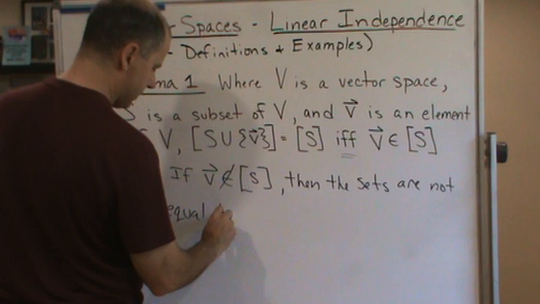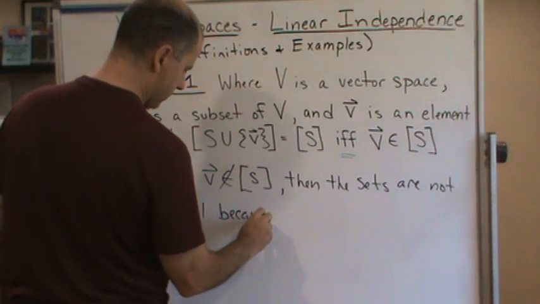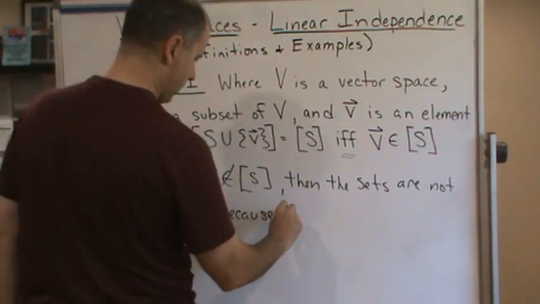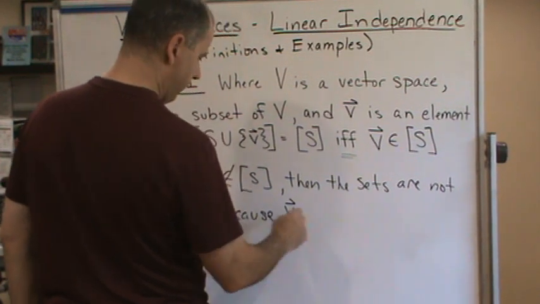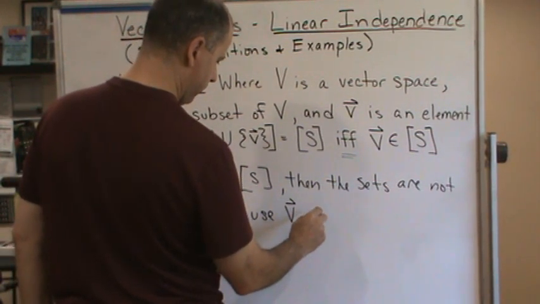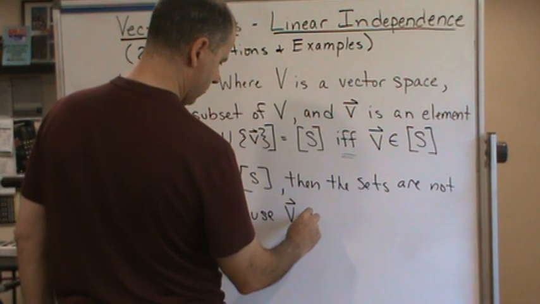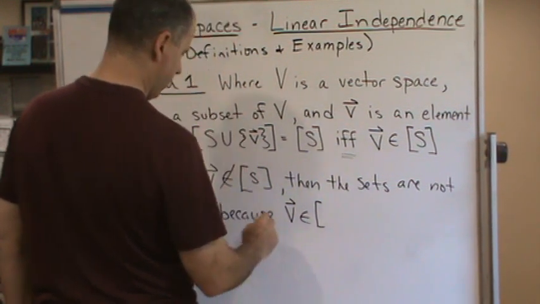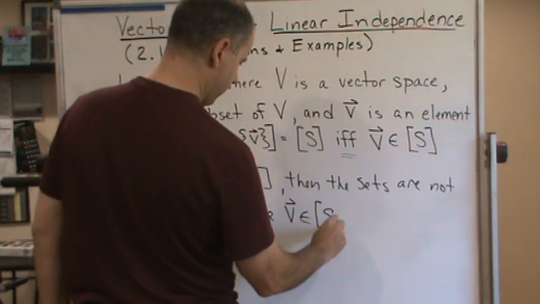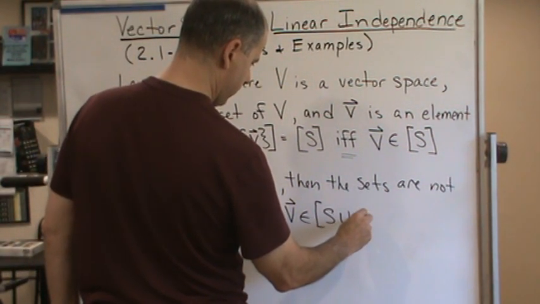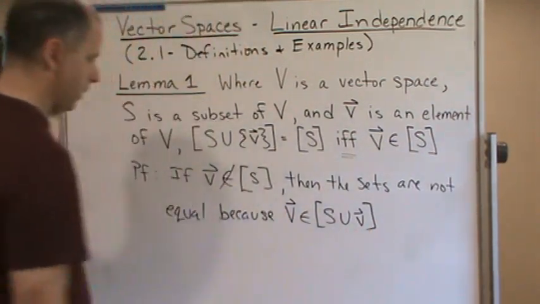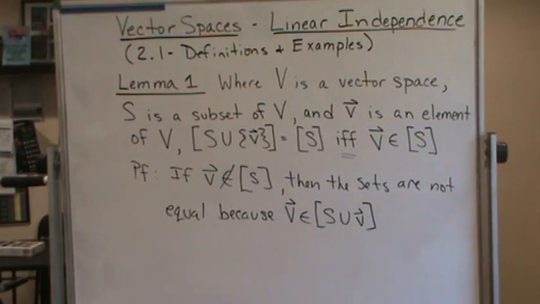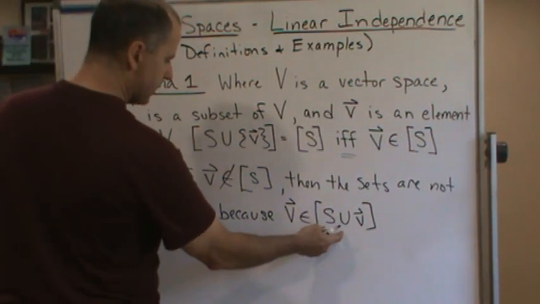Well, easy, because the vector is in the spanning set of the union of S and the vector v. So they can't be equal, because we already know it's in here.